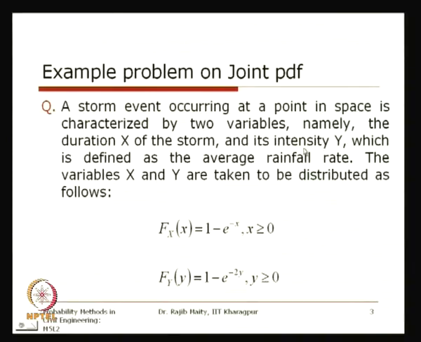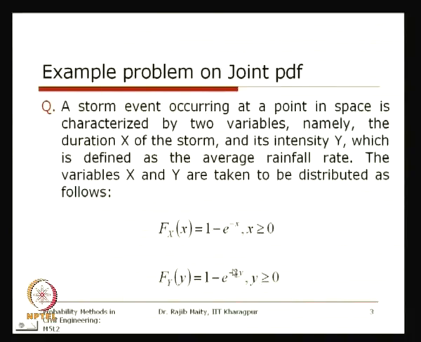Also, the rainfall intensity is analyzed to see which distribution it follows, and we have found that this is also an exponential distribution with the lambda value equal to 2, and its cumulative distribution is 1 minus e power minus 2y. Both x and y are greater than 0.